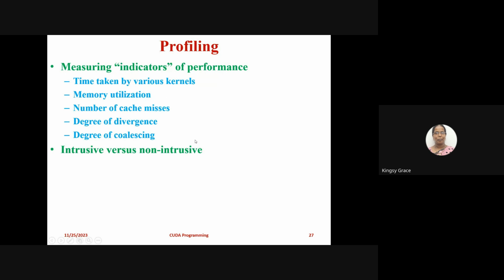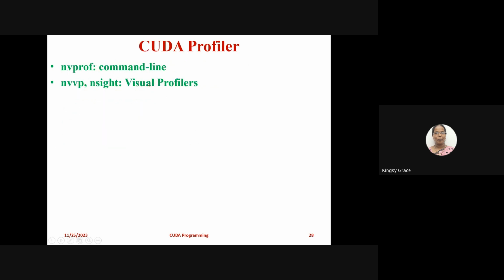To know the performance of your CUDA program, you can go with profiling, and you can have command line profilers and visual profilers. NVProf is a command line profiler, and NVVP and Nsight are visual profilers.